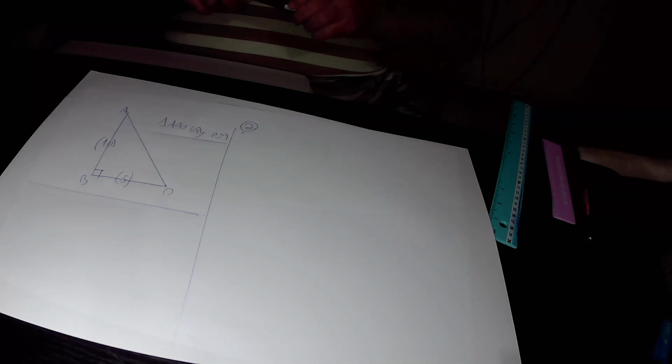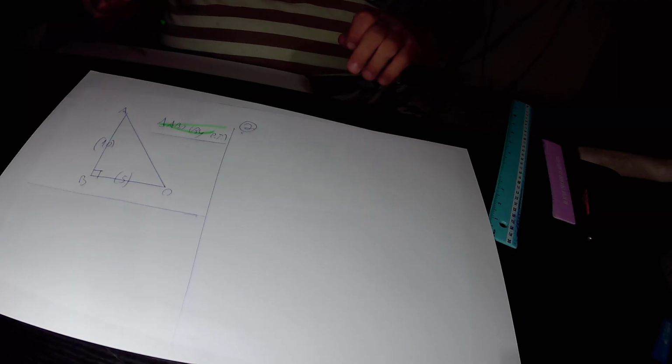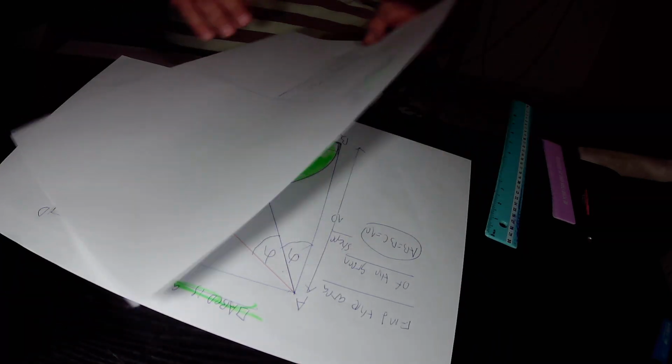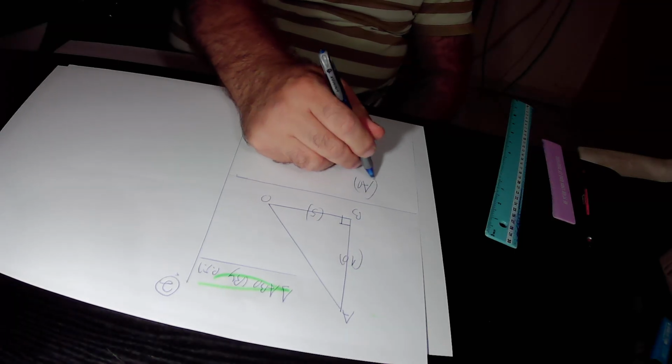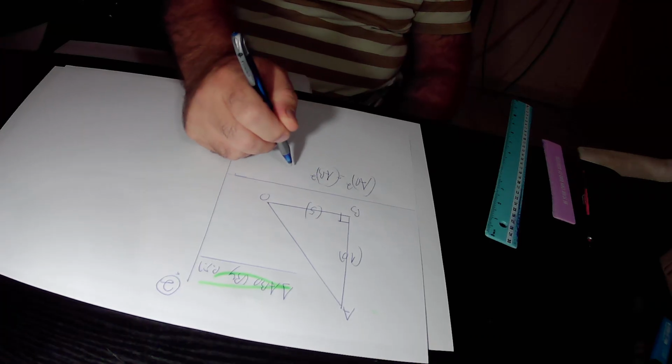In this right triangle ABO, according to the Pythagoras theorem, AO squared, that is the square of the hypotenuse, equals AB squared plus BO squared. So AO squared equals AB squared plus BO squared.